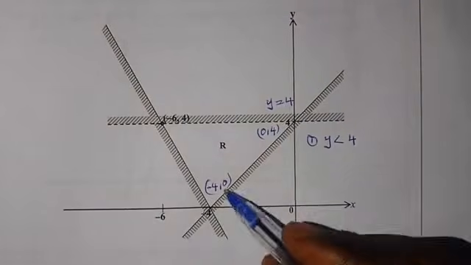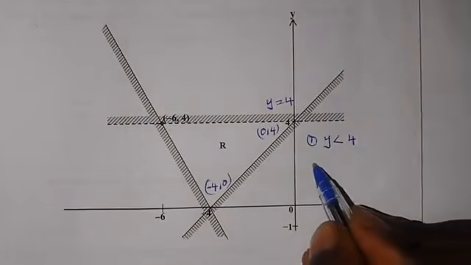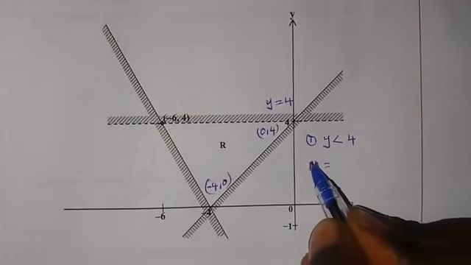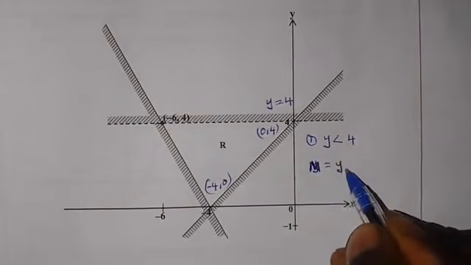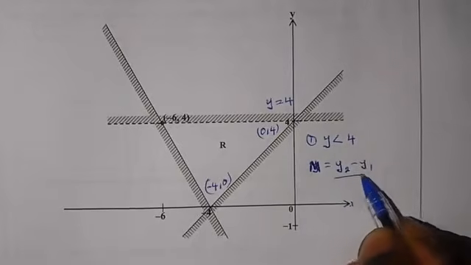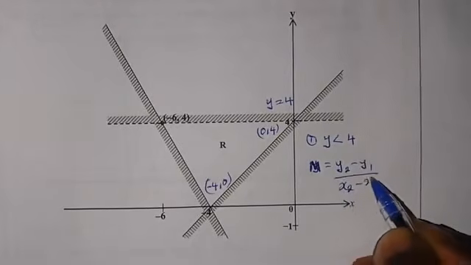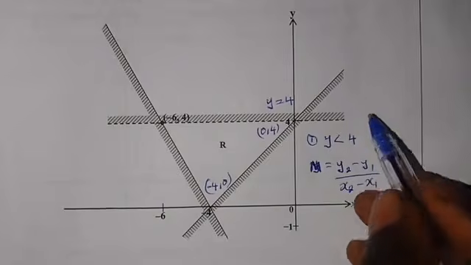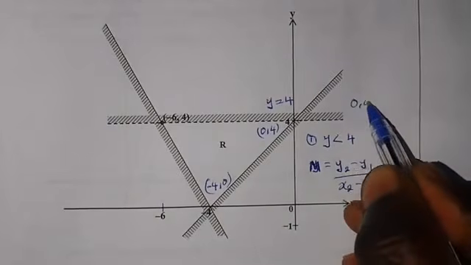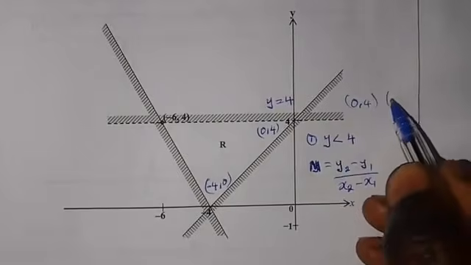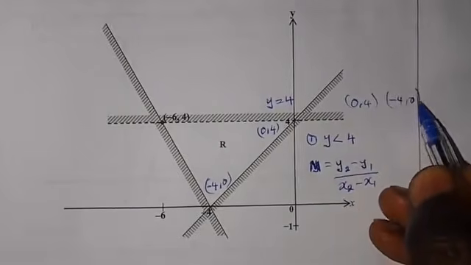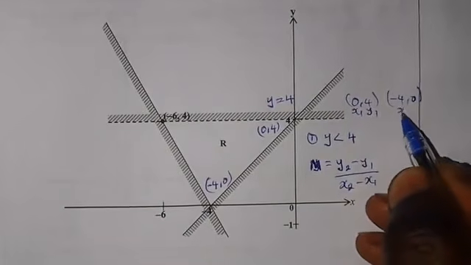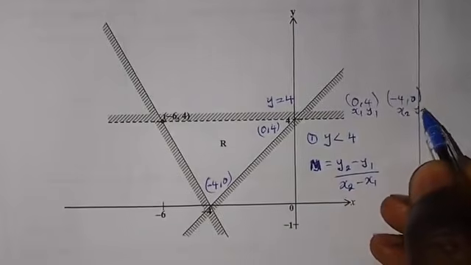We can use this point and this coordinate to come up with the equation of the straight line. First thing, we must find the gradient. To find the gradient, m standing for gradient is equal to y2 minus y1 over x2 minus x1. Since we have these two coordinates, it's just a matter of naming them. We have (0, 4) and (-4, 0). We can say this is our x1 and this is our y1, and this is our x2 and this is our y2.